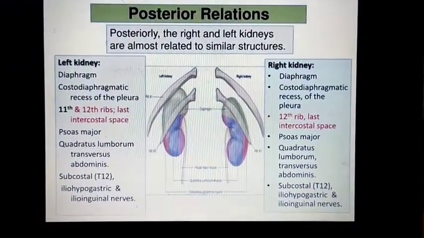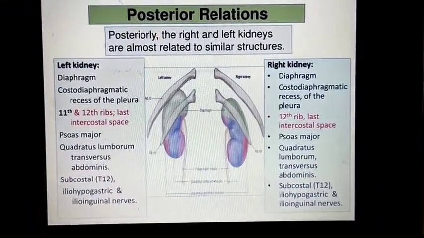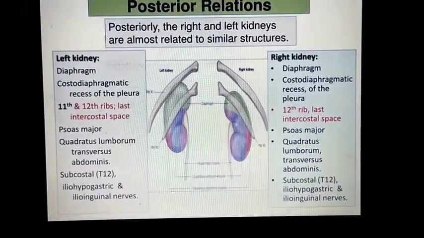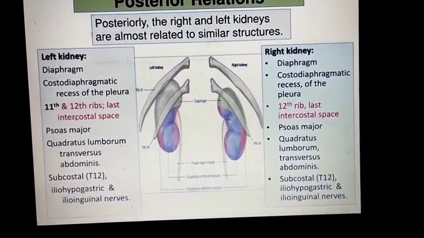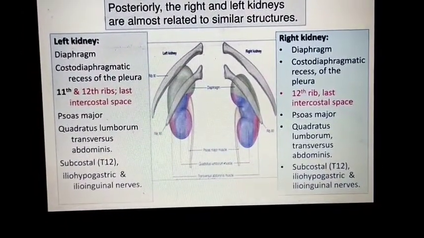Posterior relationship. Posteriorly, the right and left kidney are related to almost similar structures because they are situated on the posterior abdominal wall and retroperitoneal organs.